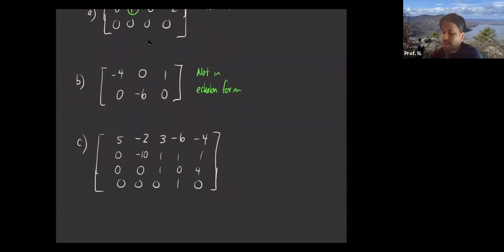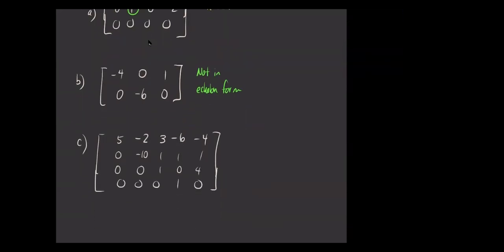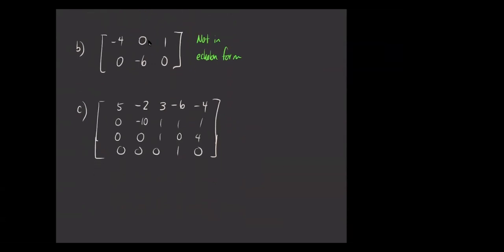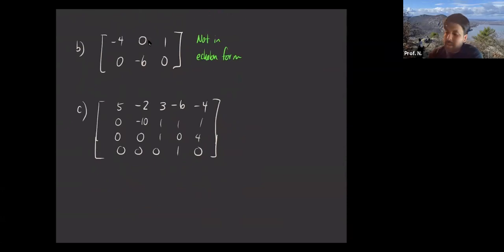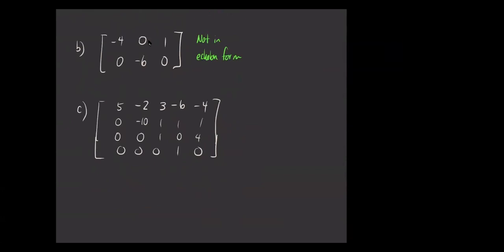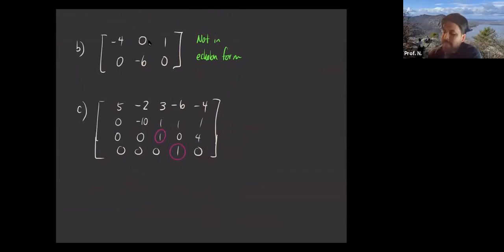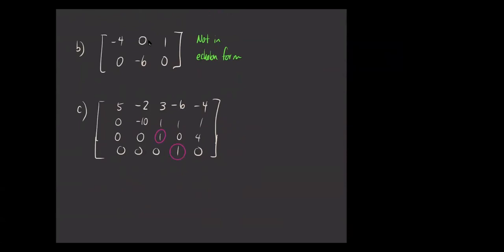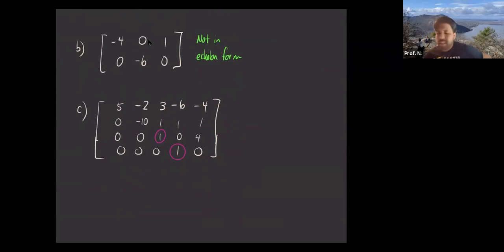And I said that this is not an echelon form because I don't have all leading ones. But you have some leading ones, right? Right, but that's not an echelon form. Echelon form requires all of the rows to have a leading one. Not necessarily.